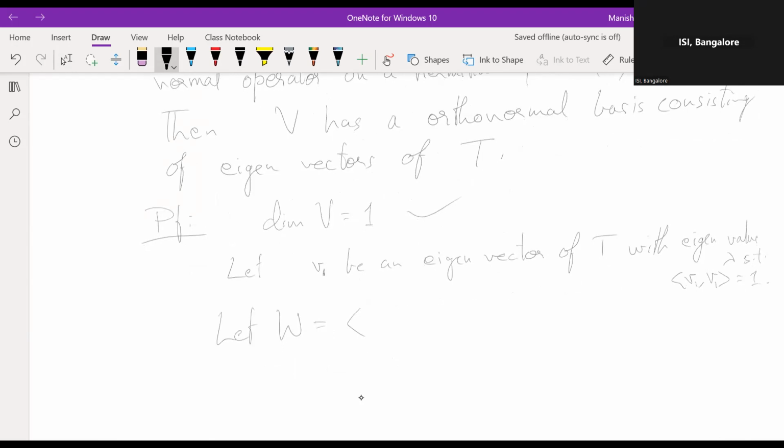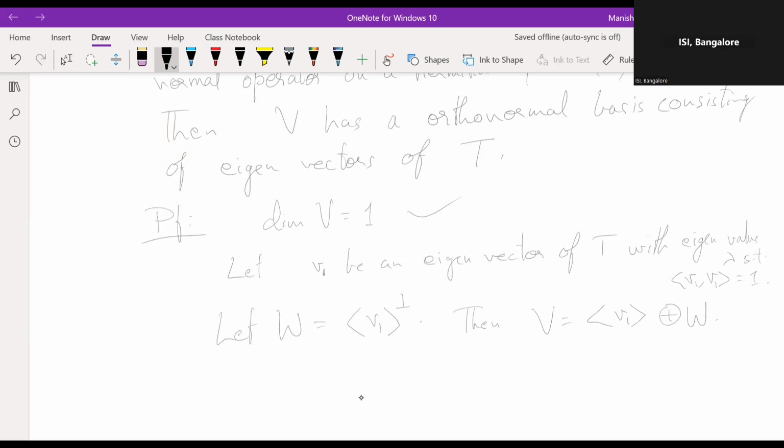And then W is V1 perp. Then again V is V1 direct sum W.